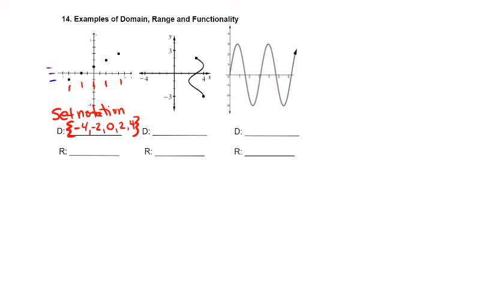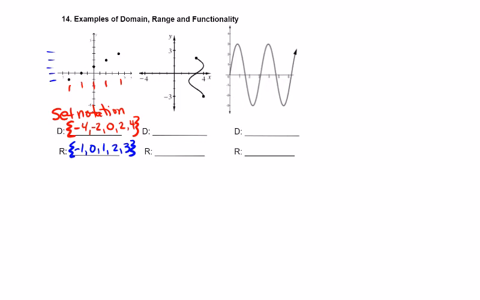So again, we always go from the lowest to the highest, and we're going to list all of the y values that are there. Well, our range is -1, 0, 1, 2, and 3. Those are all the values. But since it is not a continuous graph, we cannot list that in interval notation in our typical sense.